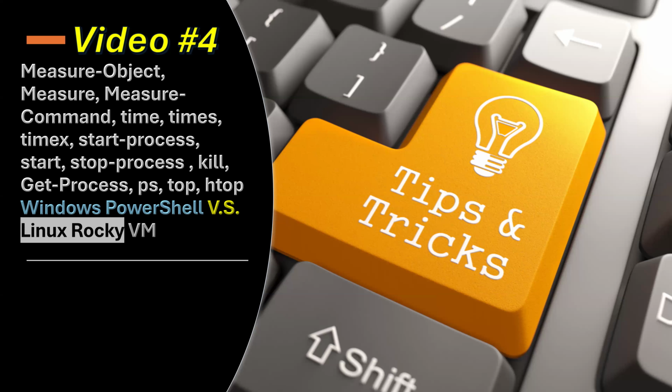Actually, sorry, measure-command is the one that gives you the statistics. Measure-object just measures the number of lines, characters, and words, and measure is an alias to measure-object. So measure-command is the one that gives you CPU statistics. That's why I put it near time.